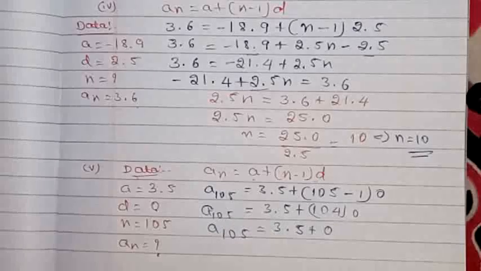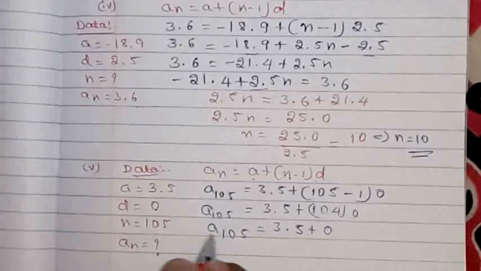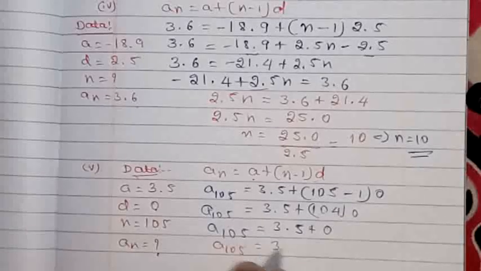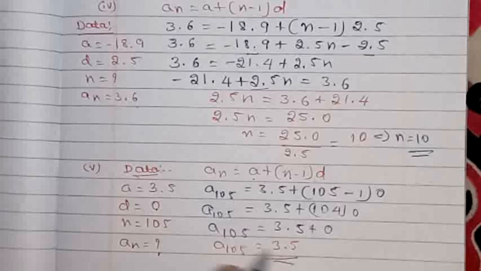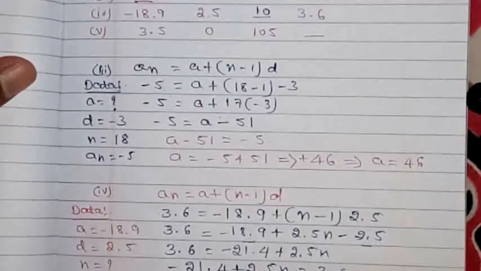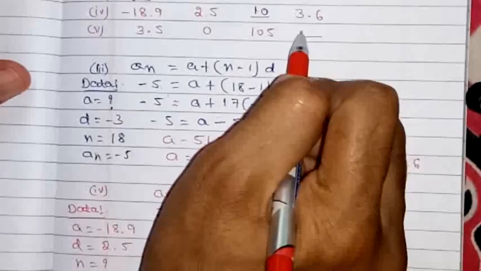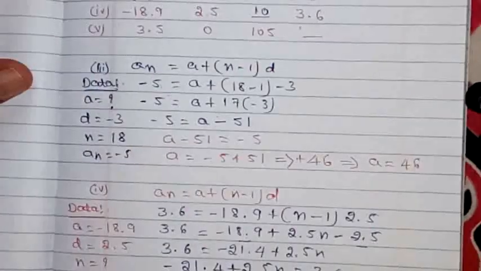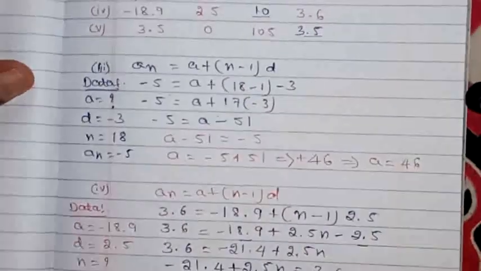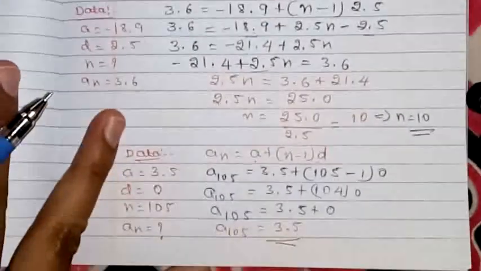So therefore the answer, the a105 term, will be 3.5. So 3.5 plus 0 is nothing but 3.5, and this is the answer, students, and you need to fill this answer in here. So what is the answer? 3.5, right? And this is how we will solve the problem, children.